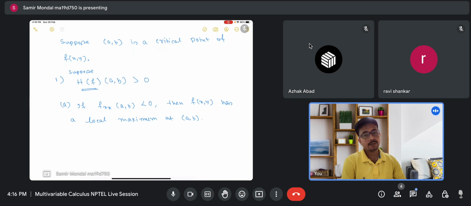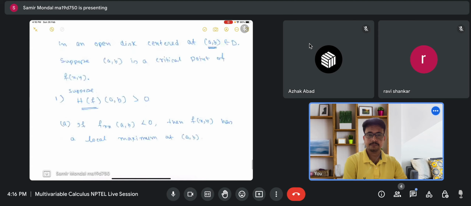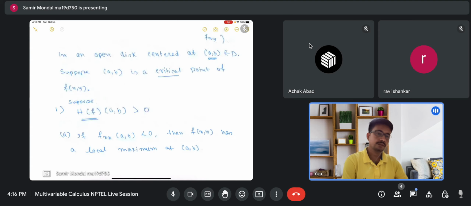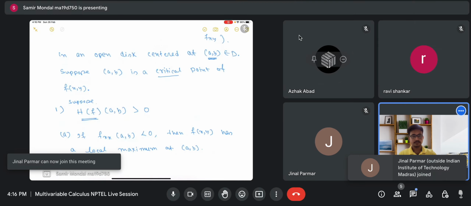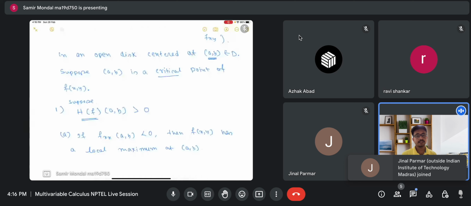Can we connect this with the single variable function? For a single variable function, at first we used to make the first order derivative 0. Here this is nothing but your critical point, for your two variable functions. After that we find the Hessian of the function at the point AB.